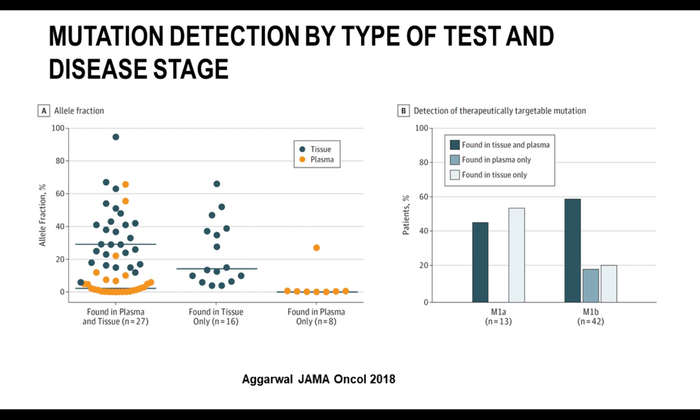On one hand, there are some mutations that are found in tissue but not in plasma, but there are also some mutations that are found only in plasma and not in tissue. And this is quite scary because if you have to decide therapy based on the results of liquid biopsy testing, you want to make sure that the result is highly specific.